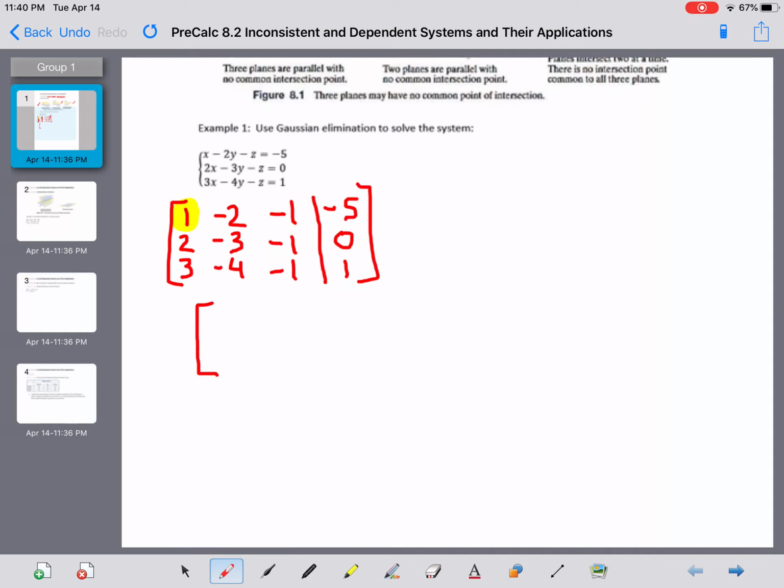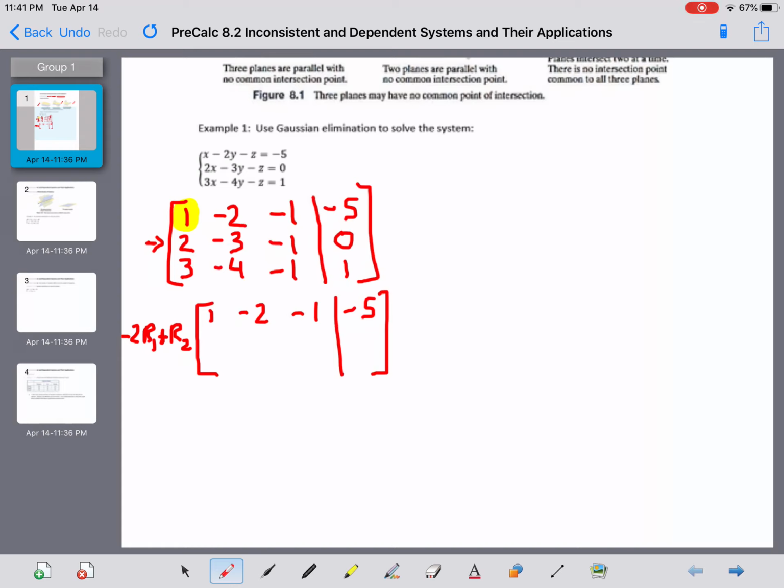I'm going to leave the first row just as it is because it's where I want it to be. I'm going to start with my second row here. I would like to turn that 2 there into a 0. So using my first row, since I'm working on my first column, I'm going to do -2 times row 1 and add it to row 2 to change my row 2.